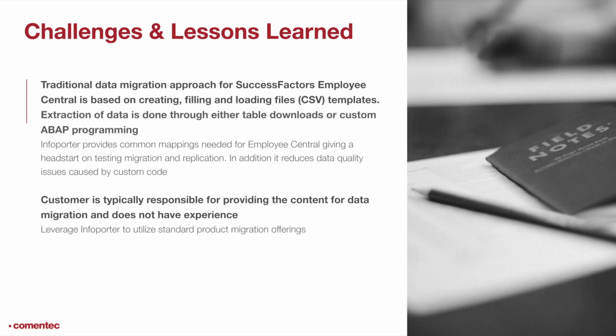This means that that extraction of data is done through either table downloads or custom ABAP programming. Like we mentioned before in reducing the effort, we're not talking about custom code here. We're talking about doing configuration and doing the common mappings that Infoporter provides to you to give you a head start on starting to test that migration and replication. This reduces a lot of the data quality issues that custom code usually brings with it.